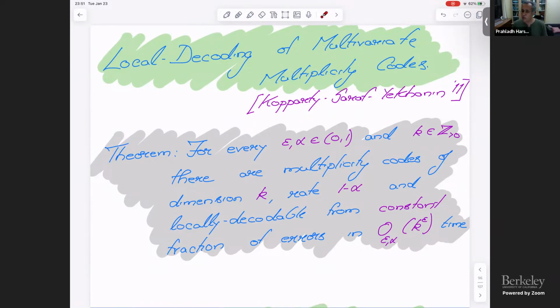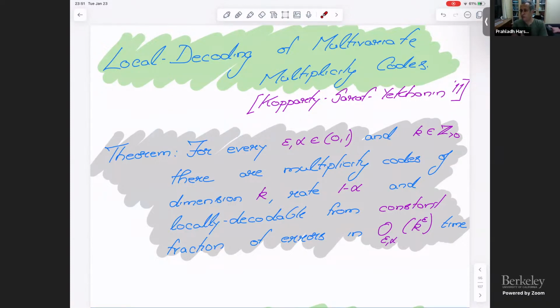Why do we care about doing this? In fact, this was the original motivation of Kopparty, Saraf, and Yekhanin when they defined multivariate multiplicity codes. They defined them precisely for their application to local decoding. The Reed-Muller code is locally decodable with sublinear query complexity. But on the other hand, the rate is never more than a half.